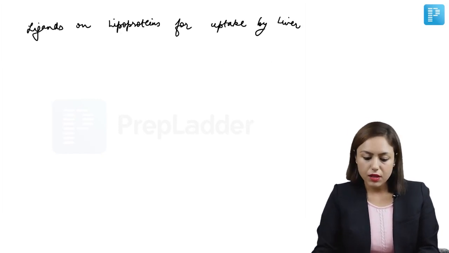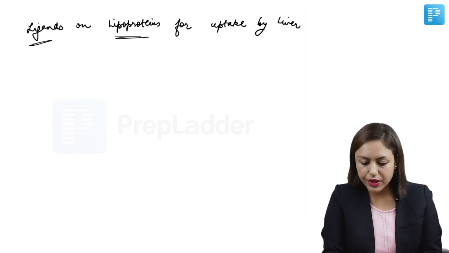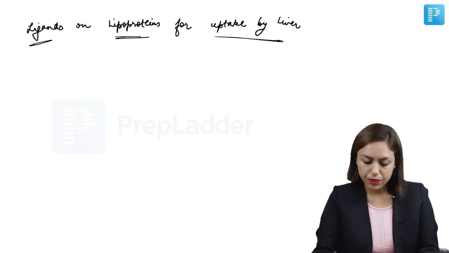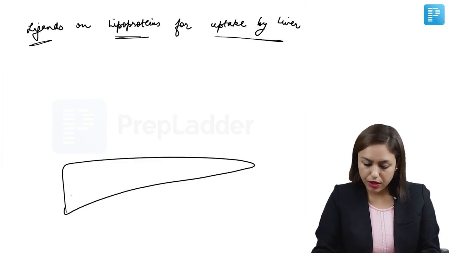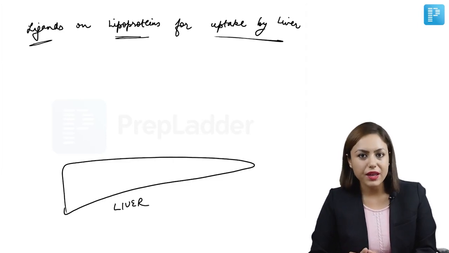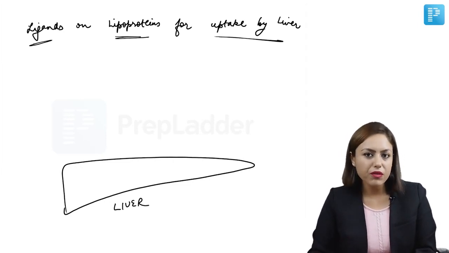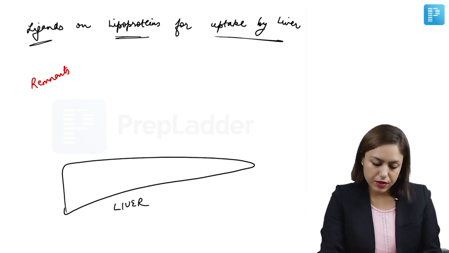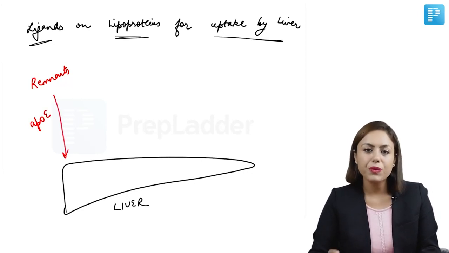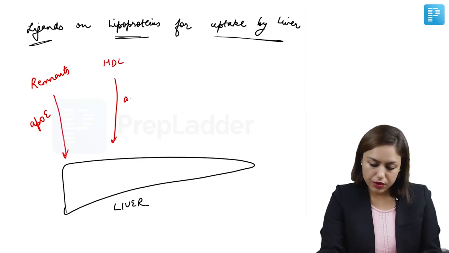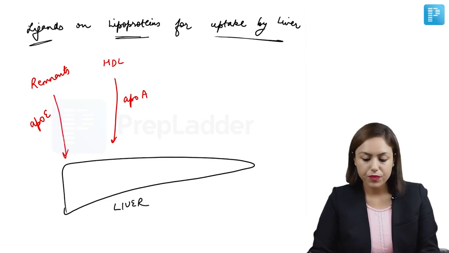Now, next, let's see the ligands which are present on lipoproteins so that they are taken up by liver, right? So many of the lipoproteins are taken up by liver. Suppose this is liver. So with the help of which ligands lipoproteins are taken up by liver, we have to see that. So for remnants, it is ApoE. With the help of ApoE, remnants are taken up by liver, right? For HDL, it is ApoA, right?